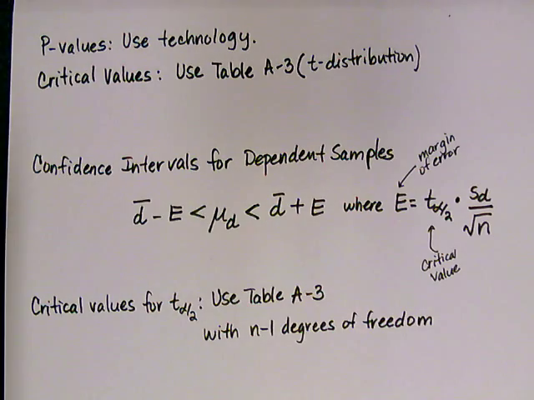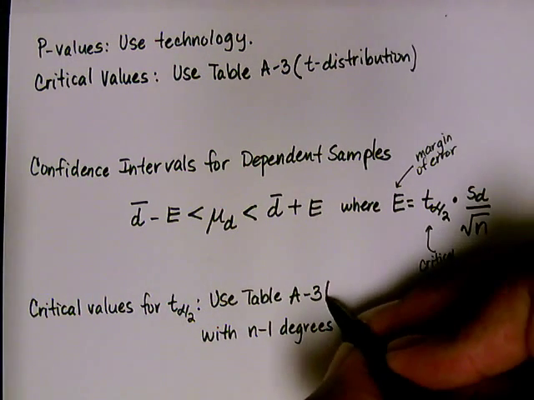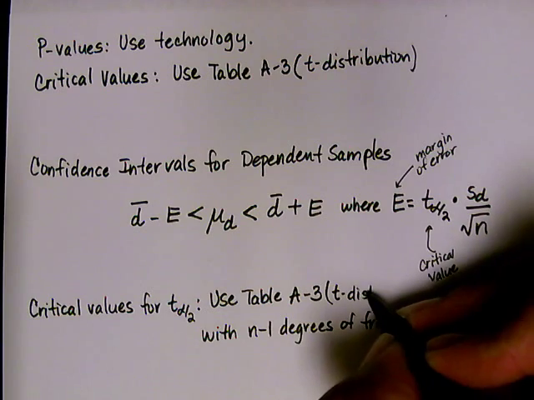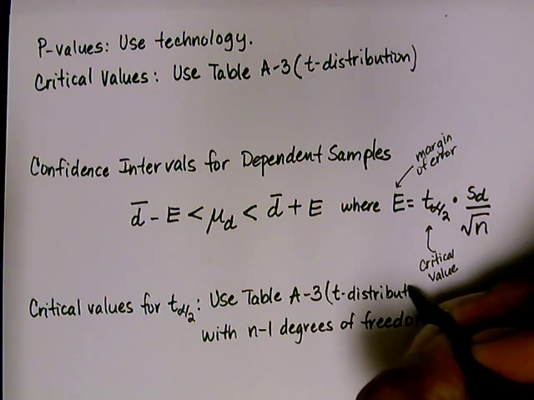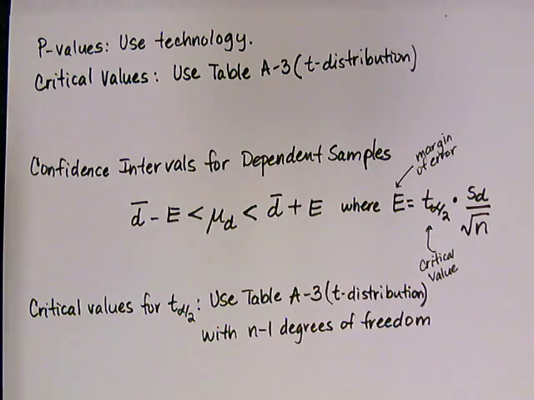Your critical values for t of alpha over 2 will be coming from table A-3 that I just showed you earlier. That's your t distribution table with n minus 1 degrees of freedom. So now let's look at some examples that are related to just this.